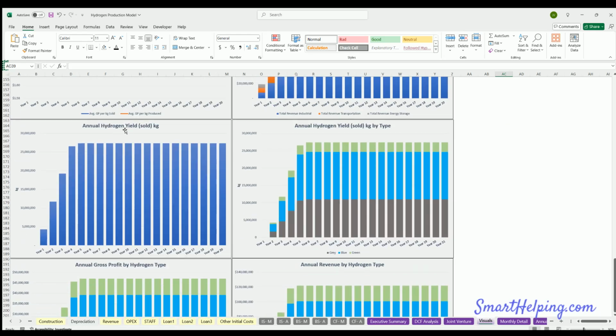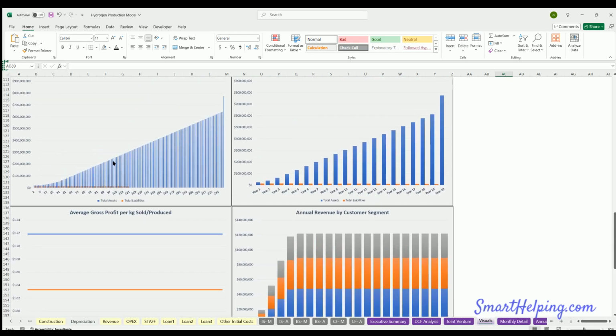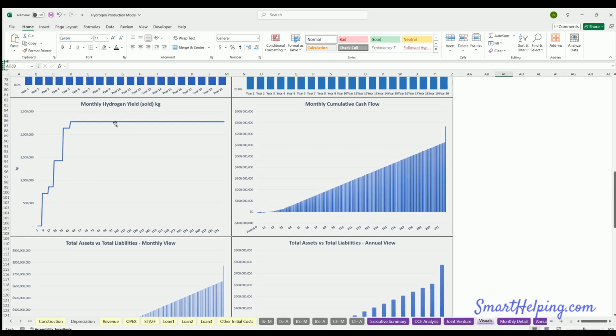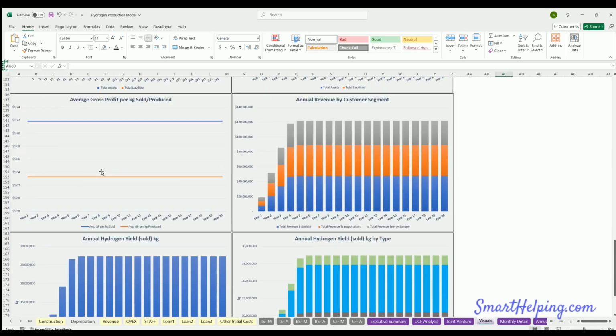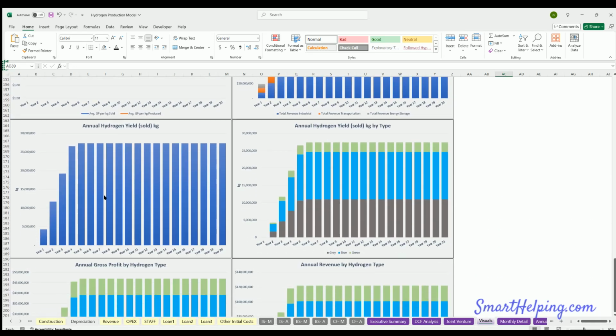We've got annual hydrogen yield, so the amount sold here. Remember, this is the amount sold by month. Here we're doing what's sold by year in kilograms of hydrogen. And then here we're showing what's the breakdown between gray, blue, and green hydrogen. So this is the same total bar as this, but you're seeing the breakdown.